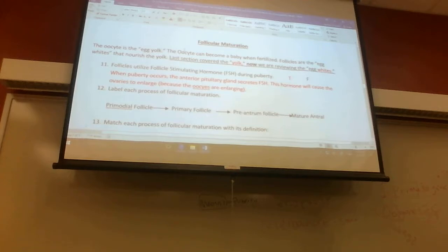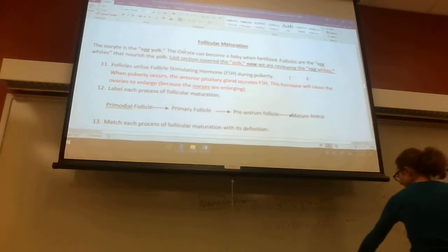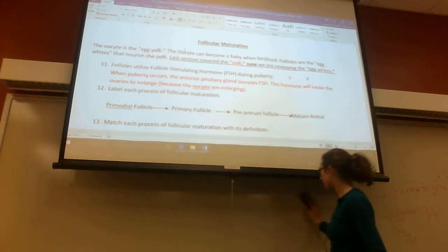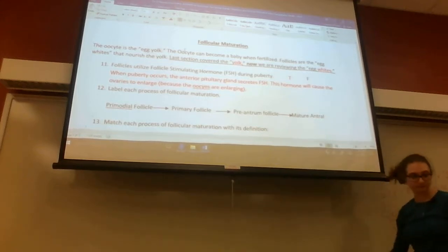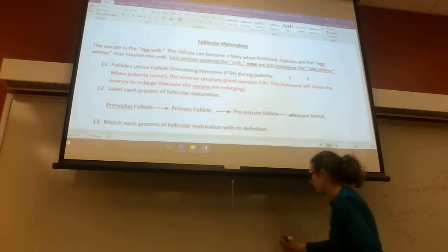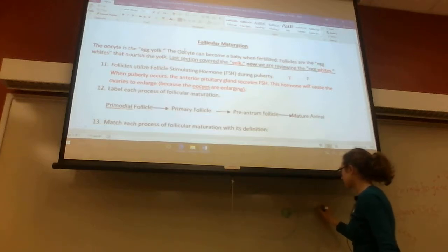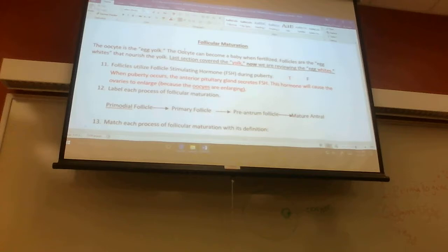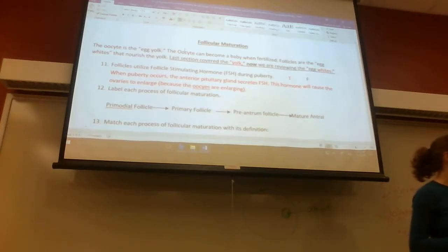So the oocyte is known as the egg yolk. We're going to get this picture up here, and this will help too when we talk about the menstrual cycle. So we have our oocyte. This is known as egg yolk. And then we're also going to be covering the egg white portion of it too.